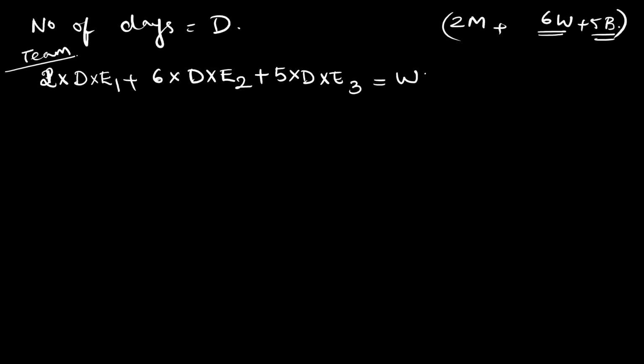Now D can be taken outside: D into 2E1 plus 6E2 plus 5E3 is the total work.